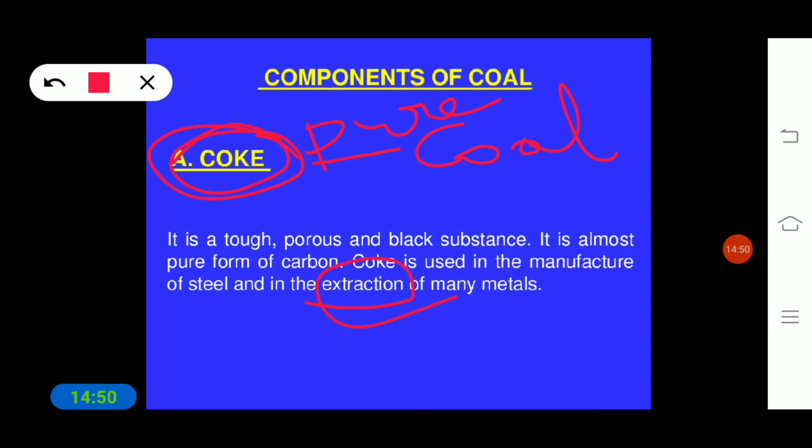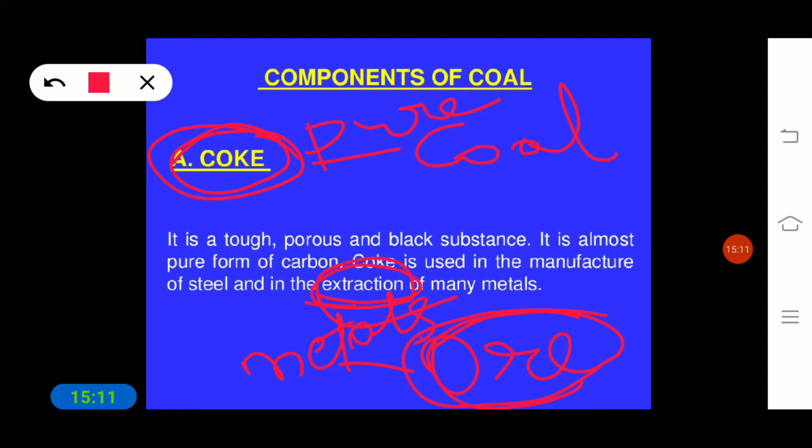The word we call it is ore. All the metals we first get from the ore. From this ore we remove the metals, and the process we apply is extraction.